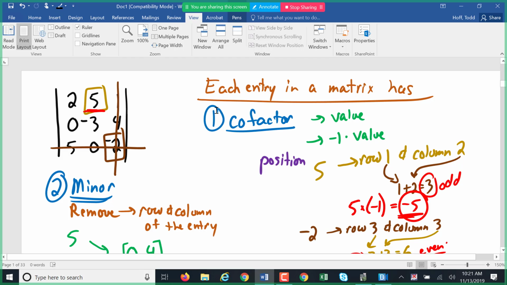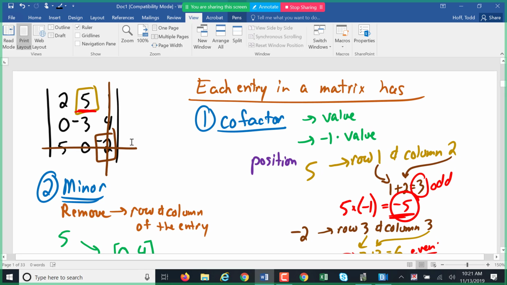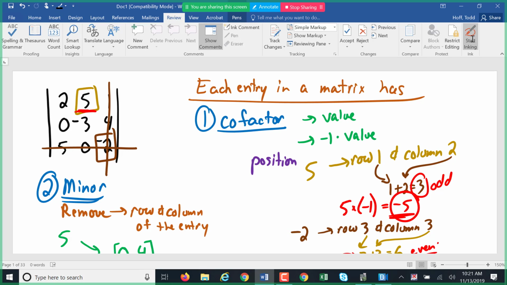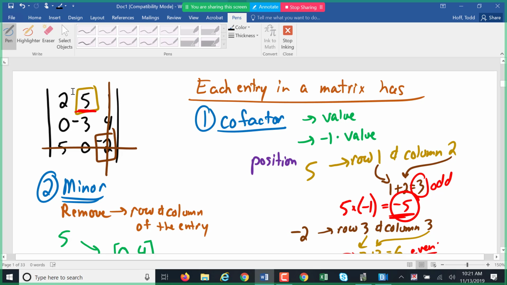So I'm going to pick actually a column to use here. Let's get back here. I'm going to pick column 1 to use. So I'm going to expand about that column. So I'm going to start with the 2.